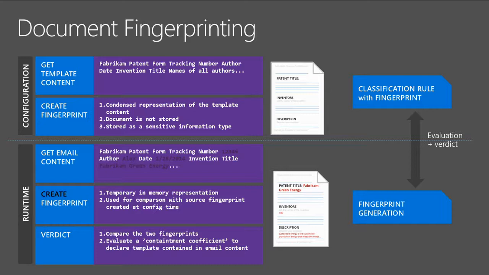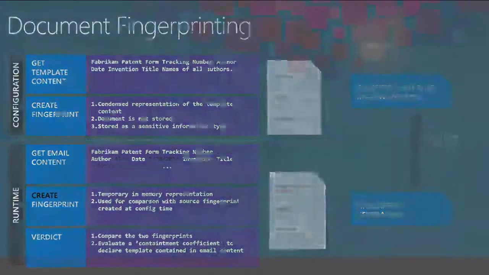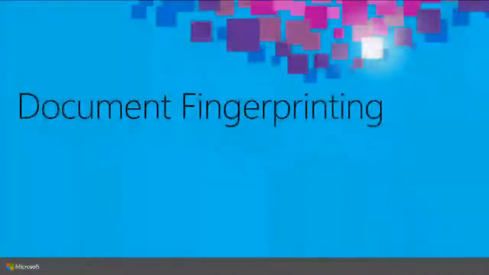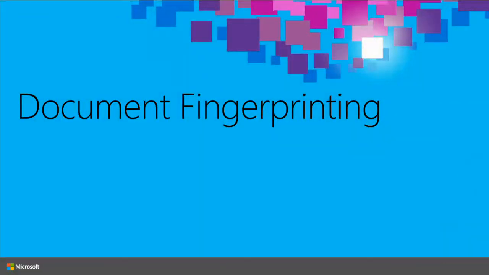We will, again, do text extraction and perform the same fingerprint calculation. This will result in 2 fingerprints, and then we will run a similarity function between the 2 fingerprints to see how similar the documents are. And that is how we will conclude that the 2 documents are actually matching and have a verdict on the evaluation. All right, so let's quickly look at what this looks like from an admin perspective.